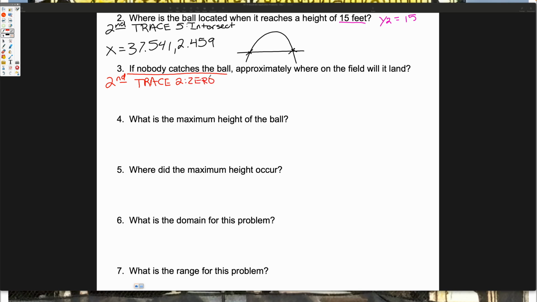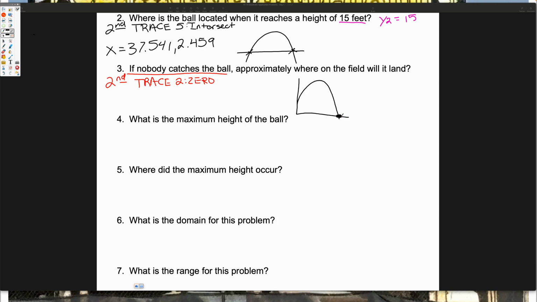Second trace 2, and I'm looking for this x-intercept down here where the ball is going to touch the ground, where the y value is going to equal 0.